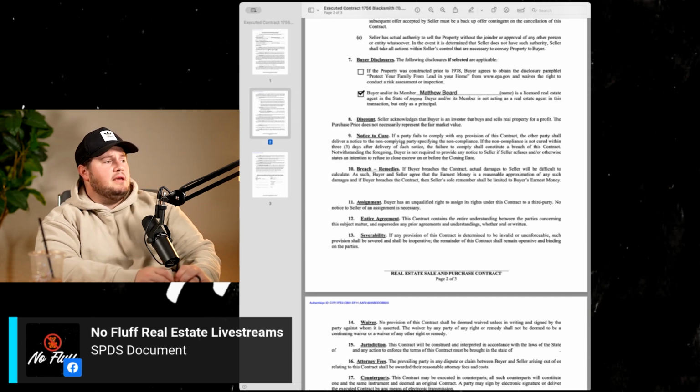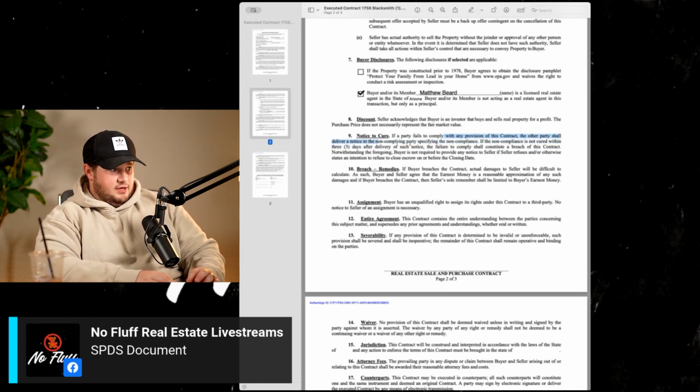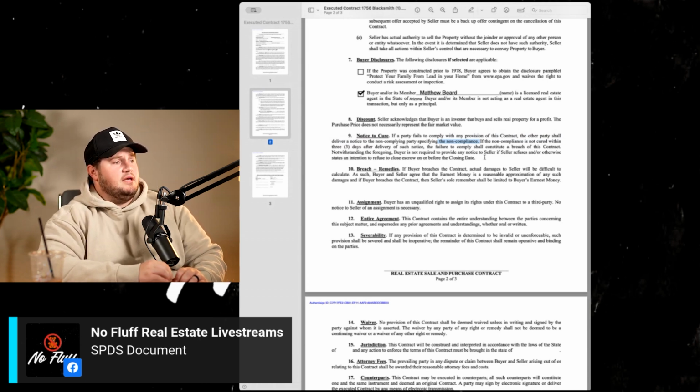Basically what that means is if a party fails to comply with any provision of this contract, the other party shall deliver a notice to the non-complying party specifying the non-compliance, saying, hey, we were set to close and you did not close. If the non-compliance is not cured within 3 days after delivery of such notice, the failure to comply shall constitute a breach of this contract.